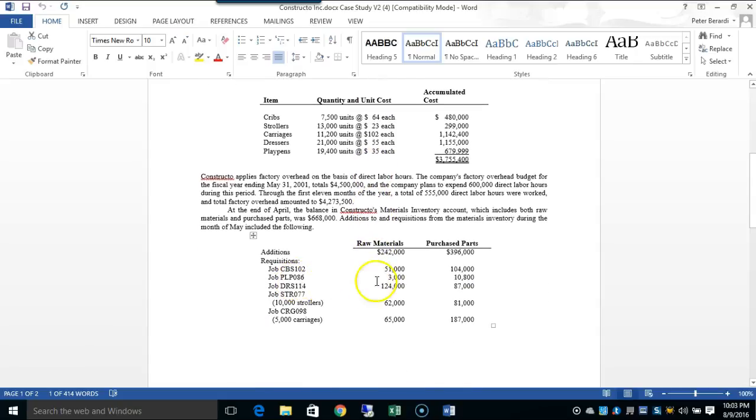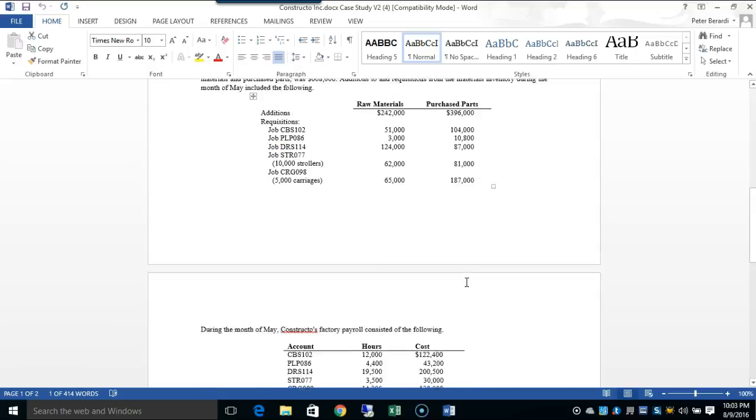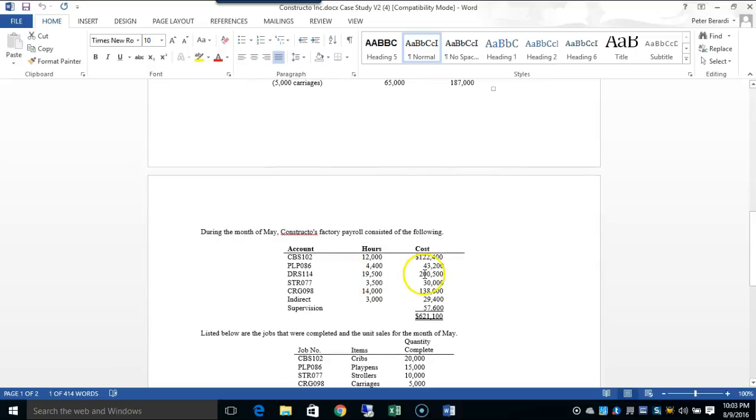It's going to be your materials and your purchased parts, your direct labor cost. You're going to take your direct labor hours and multiply it by the applied manufacturing overhead rate.